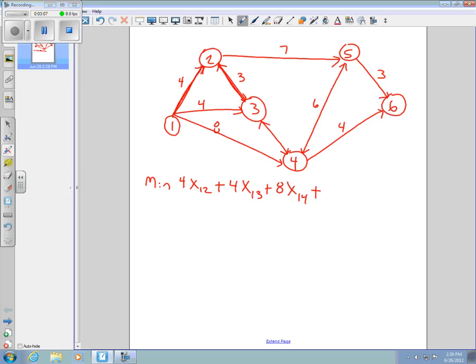So that would look like this, plus 2x23. Actually, that should read 3 times x23 plus 3x32.